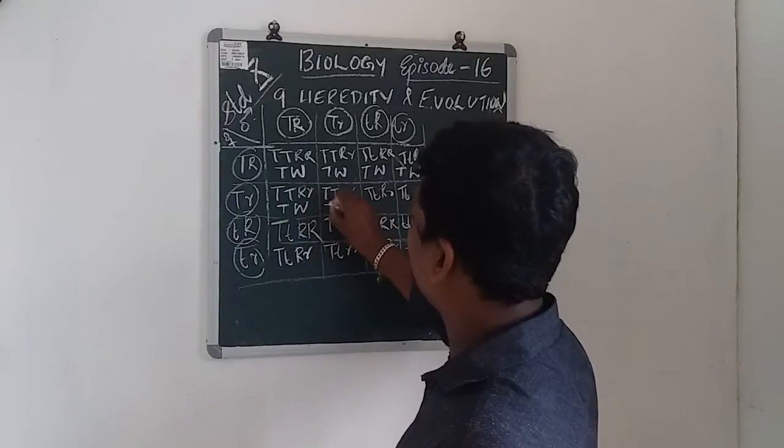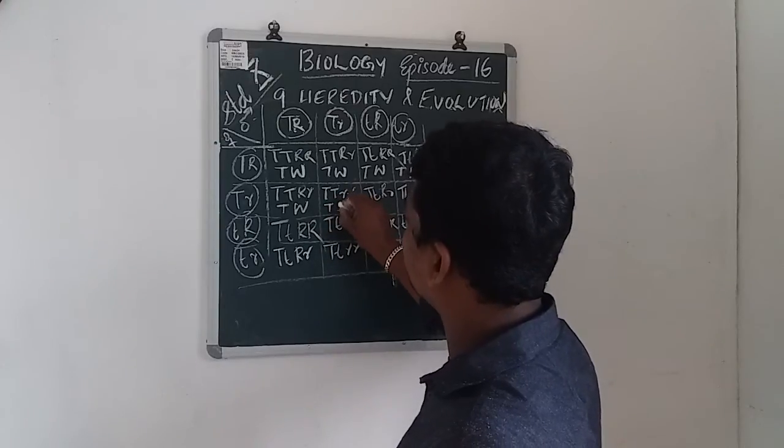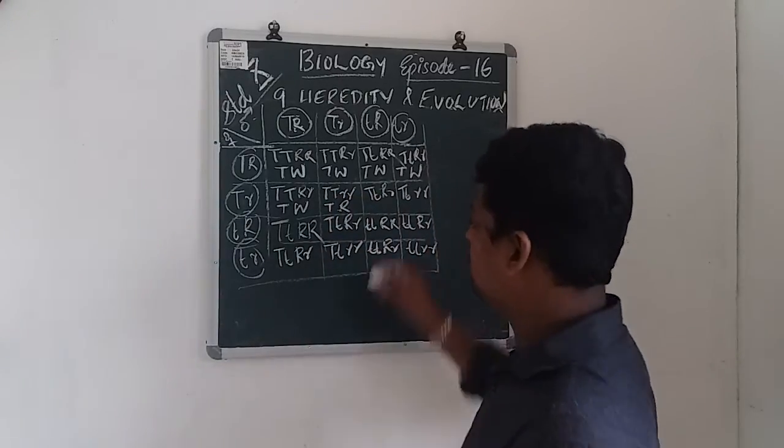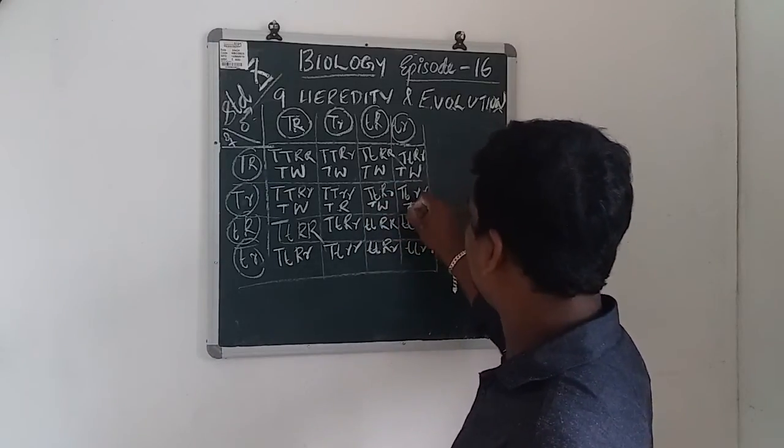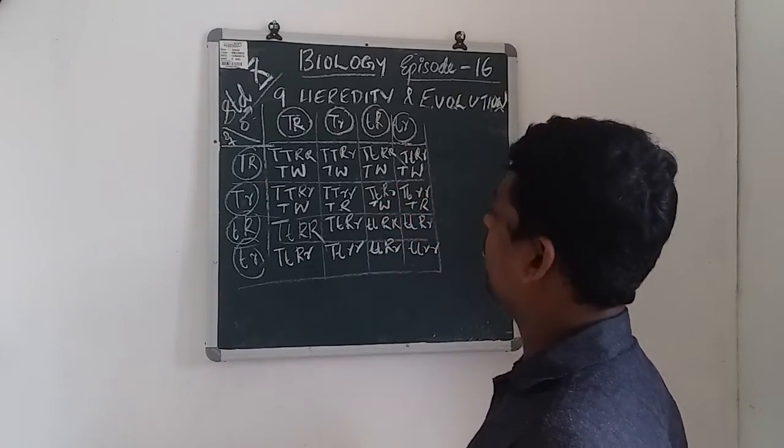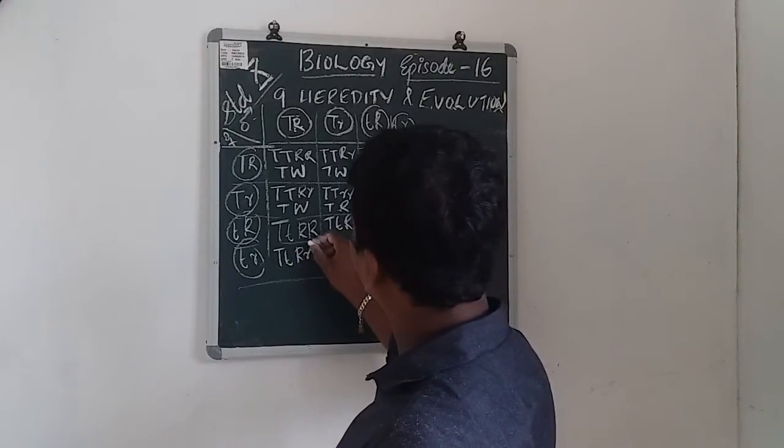This is tall plant with rose flower, TR. This is TW. This is T capital R.